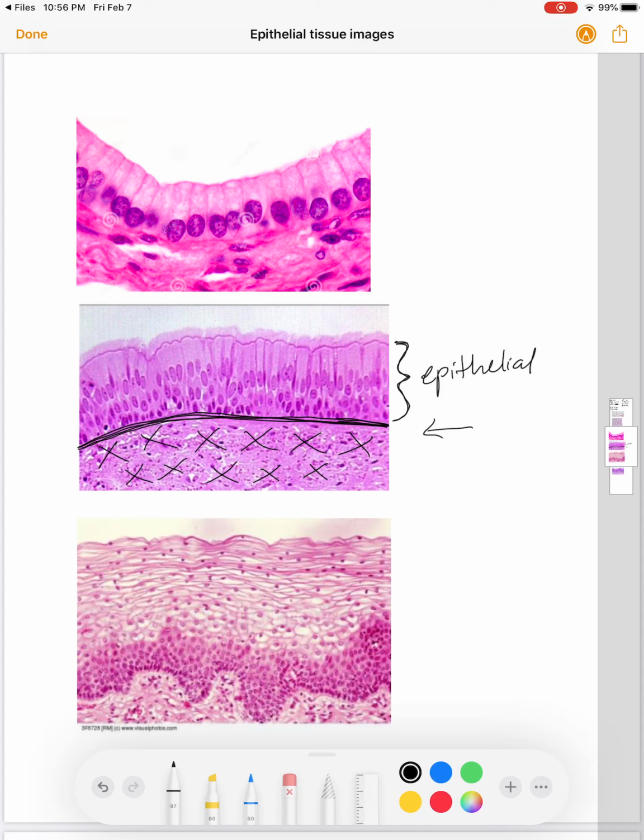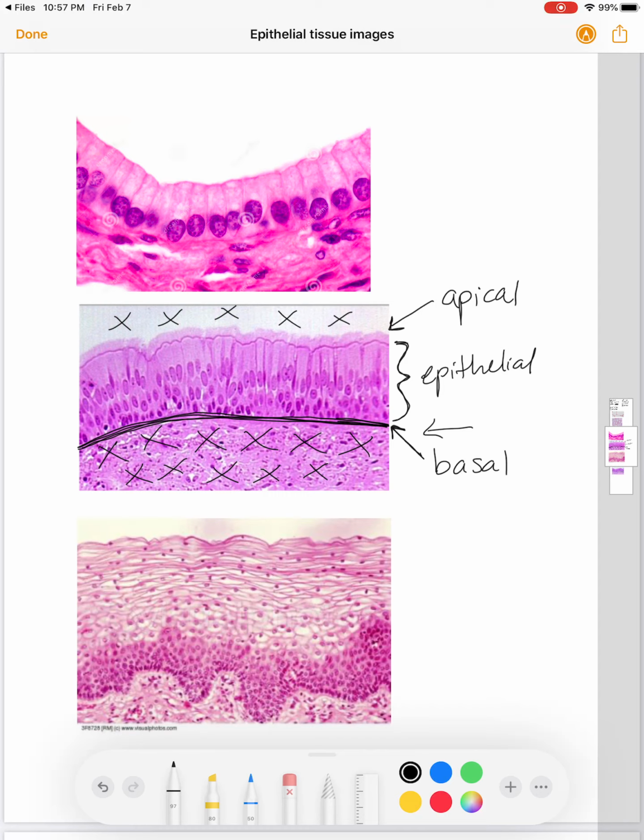So this layer of the epithelium right here is called the basal surface, or the basal layer. Okay, this part up here is called the apical surface. The apical surface always faces this open, empty space where I'm drawing these X's. See all that nice white space?